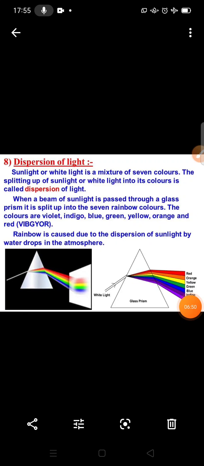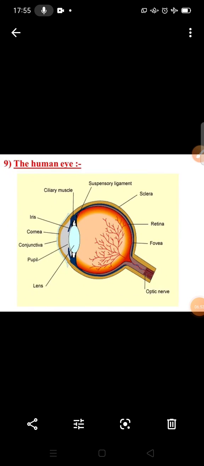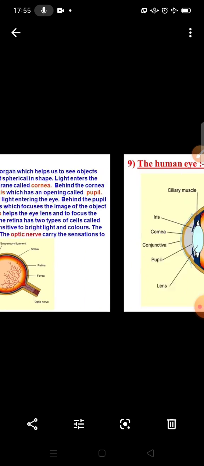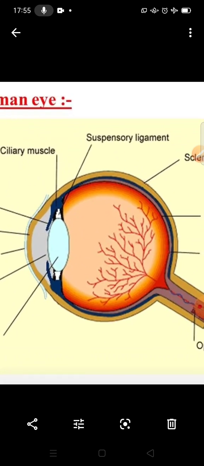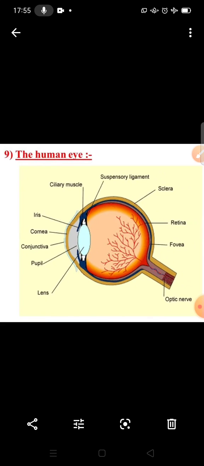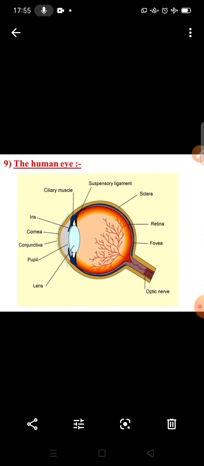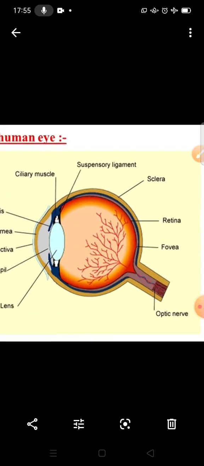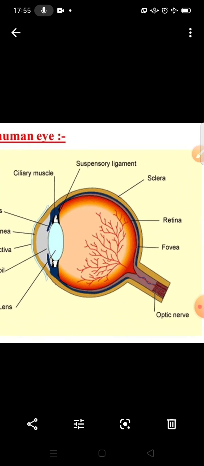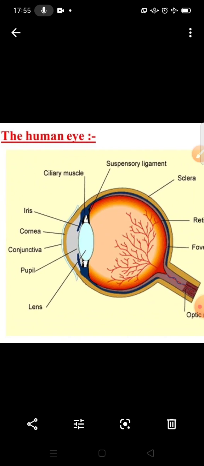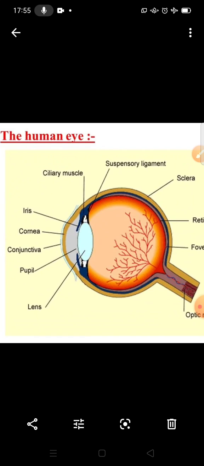Okay, now students, you can see this diagram also. The human eye is a very interesting topic. In the next video we will discuss the human eye. Everybody knows the most remarkable optical instrument is the human eye. You can see the structure of the eye.